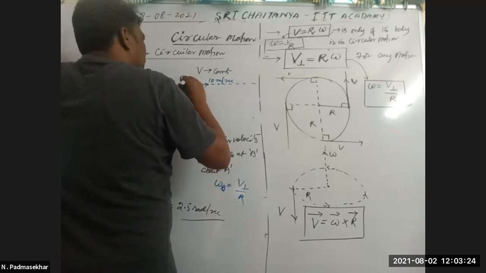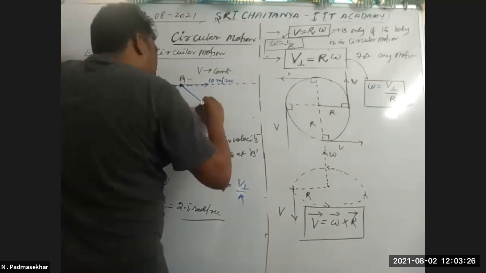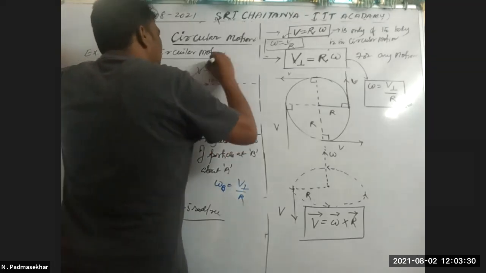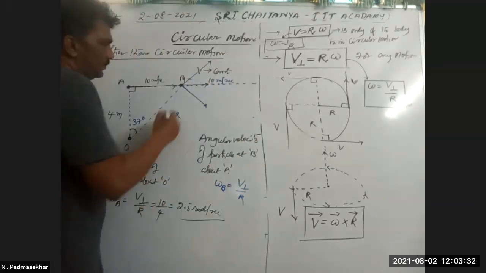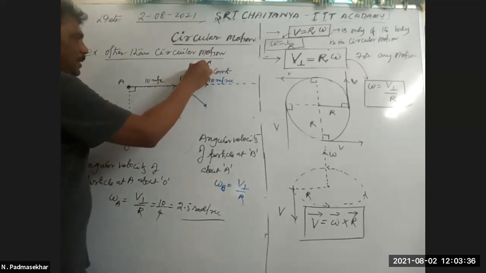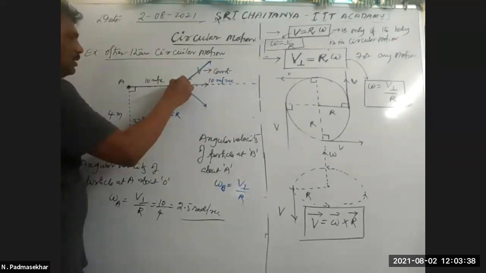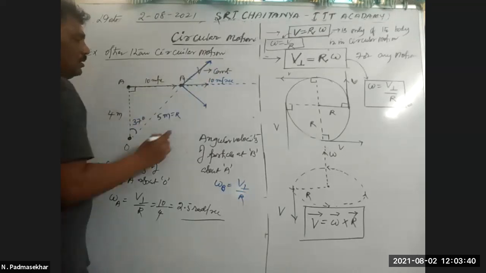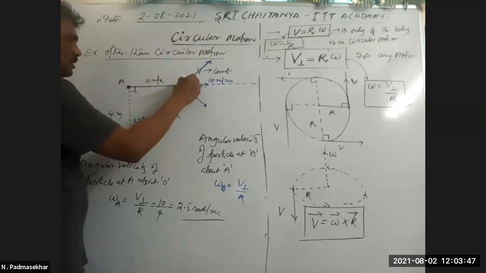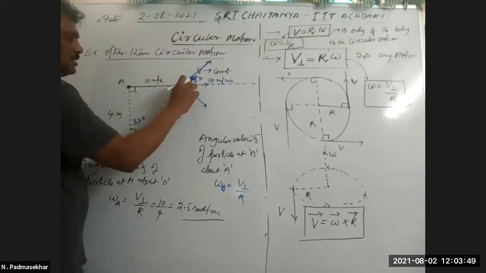So now this is resolved into components. One component is perpendicular to this arc, and another component is parallel to this arc. So this is 37. It is what is it? This is here also 37.